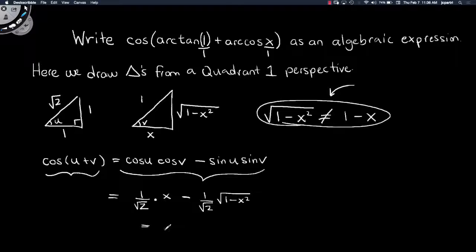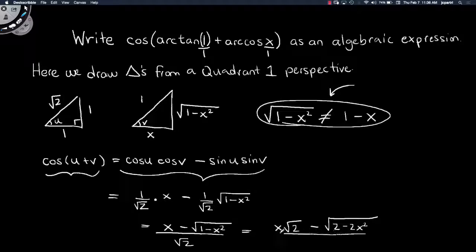And so the final answer is x minus the square root of 1 minus x squared all over the square root of 2. But now I am going to rationalize that. And so that's x square roots of 2 minus the square root of 2 minus 2x squared all over 2.